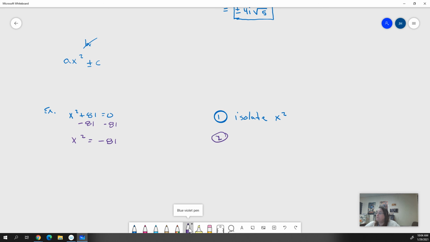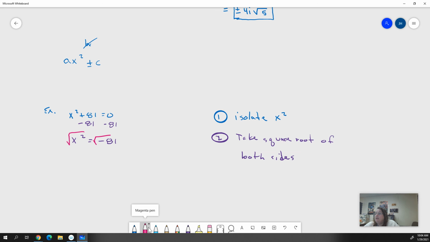And then the next step was to take the square root of both sides. Which means that we literally take the square root of both sides.